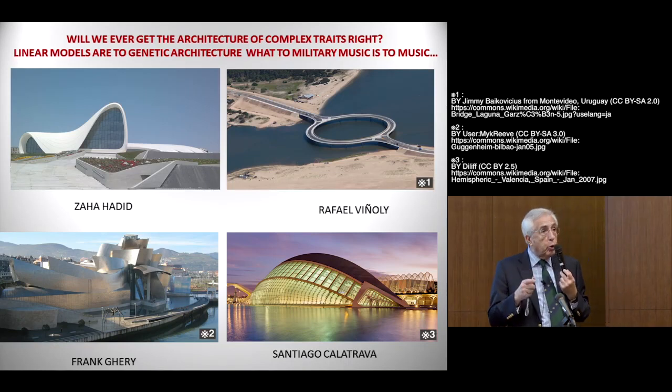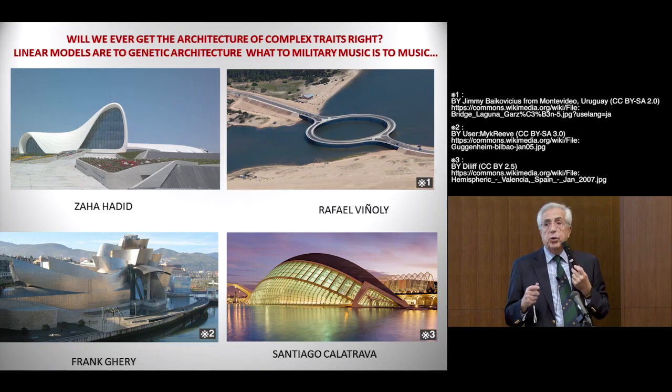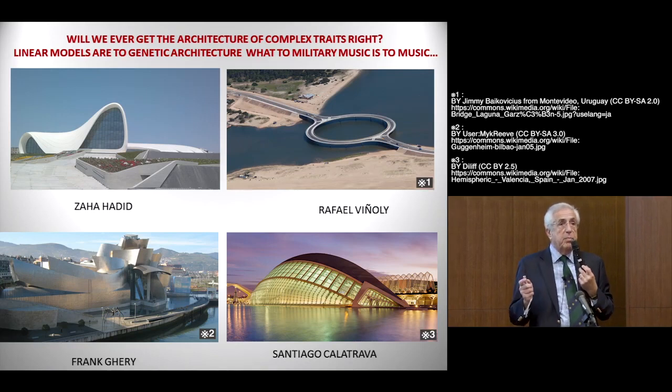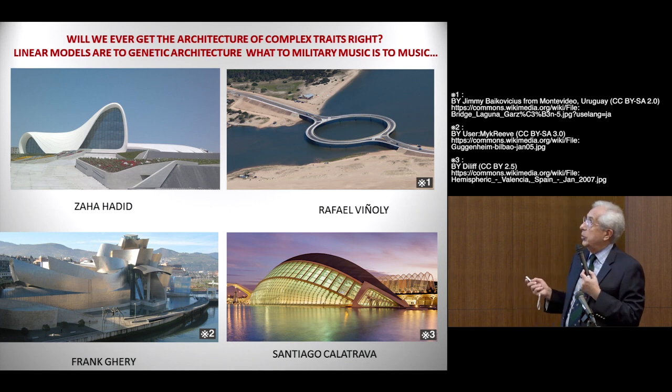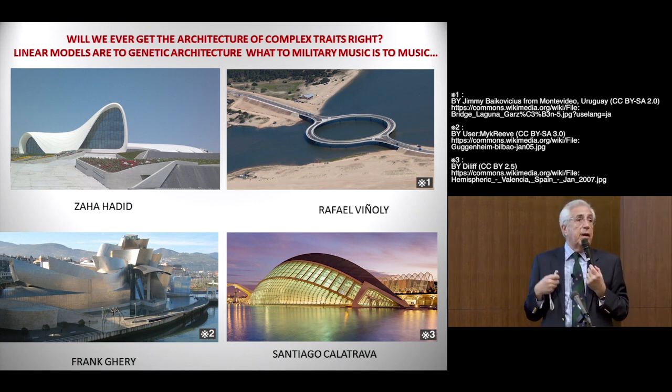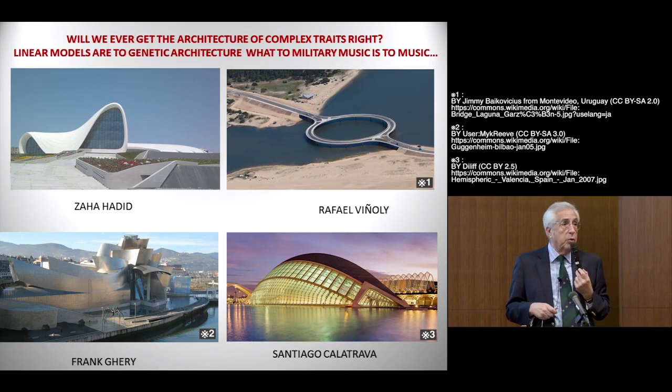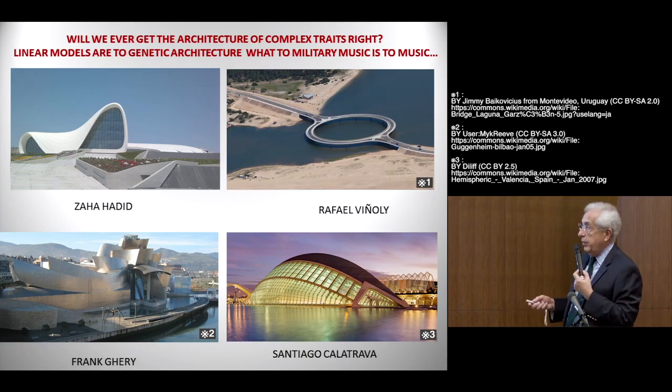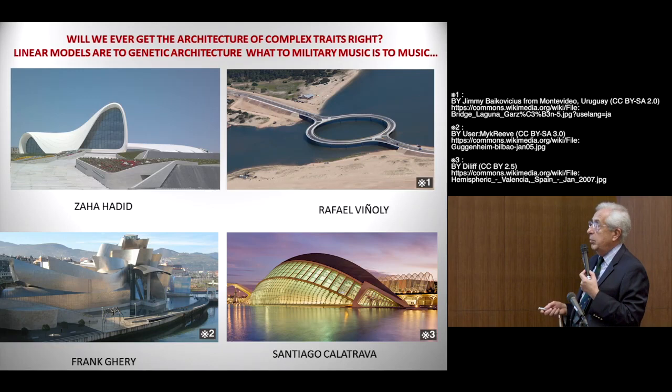But if you go to Tokyo and you go to the Tokyo International Forum, which is a magnificent building, especially Hall G, it was done by this person that happens to be born in the same country where I was born, which is Uruguay. This is the famous Bilbao Museum by Frank Gehry, and this is the scientific city of Santiago Calatrava in Valencia, Spain.